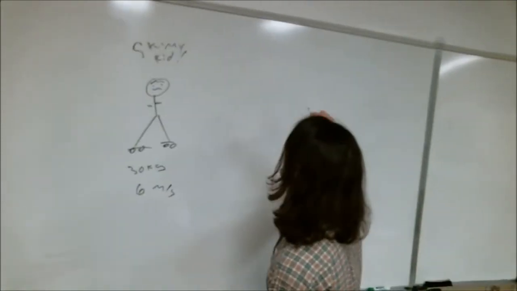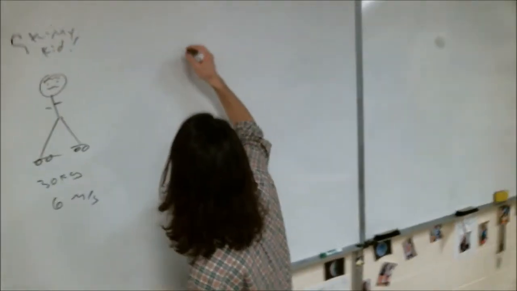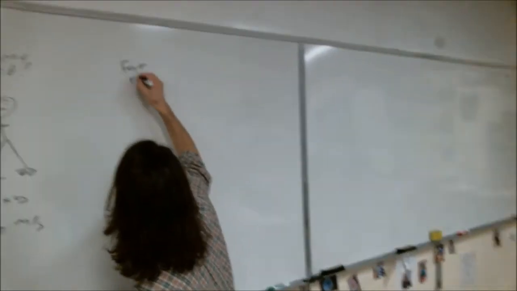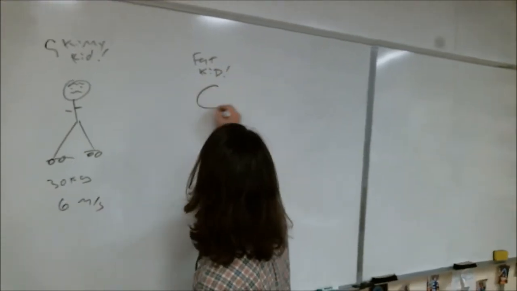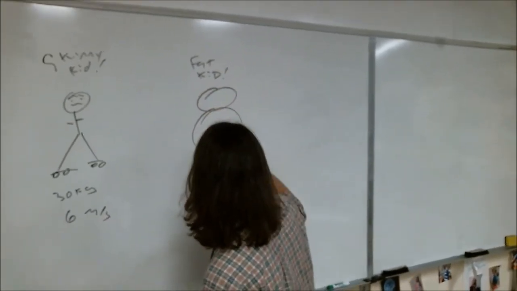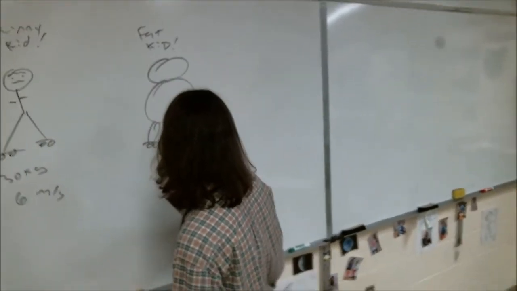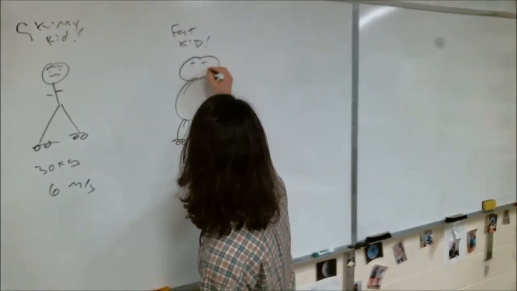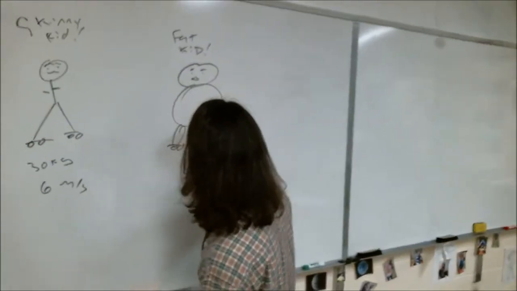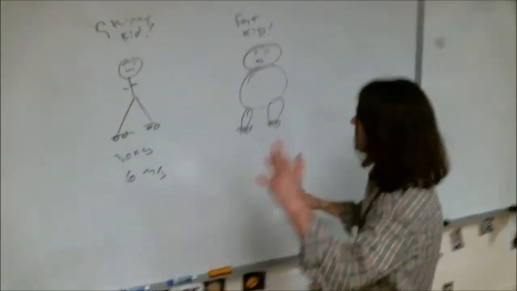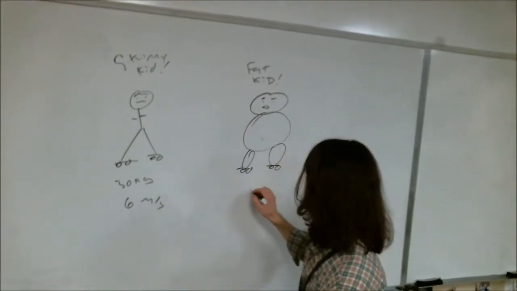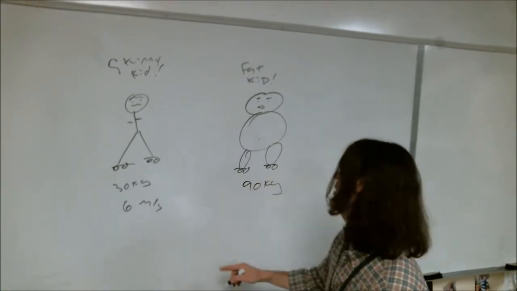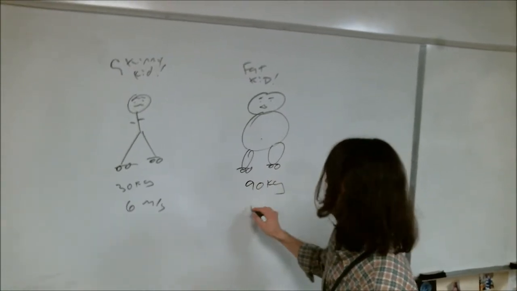Okay? Now, I know this is America, but let's pretend we can find a fat kid, with roller skates. So, fat kid, I don't know, 90 kgs, and he's not moving.